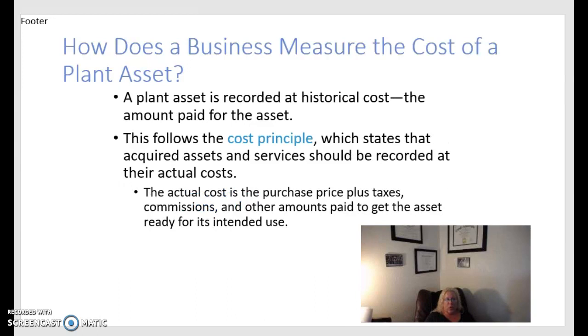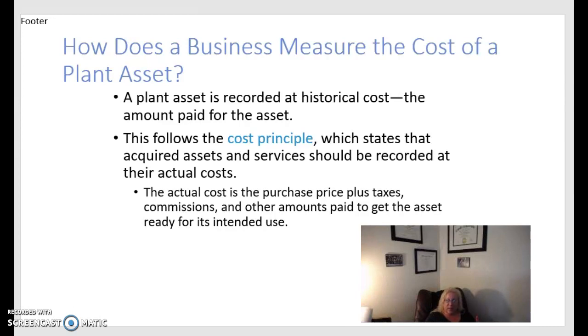Plant assets are recorded at historical cost, or the amount that was paid for the asset. This follows the cost principle, which states that acquired assets and services should be recorded at their actual cost. The actual cost of a plant asset is its purchase price plus its taxes, purchase commissions, and all other amounts paid to get the asset ready for its intended use.